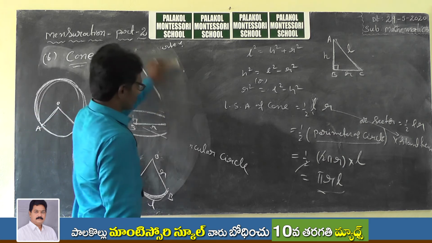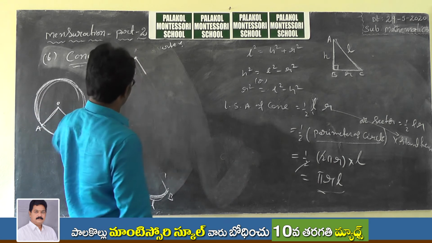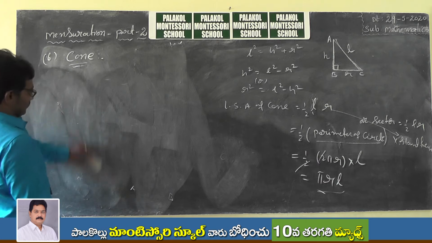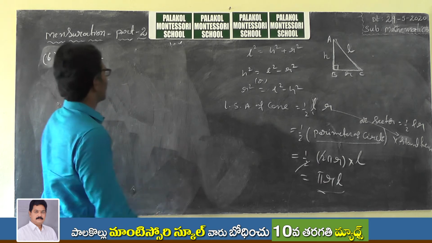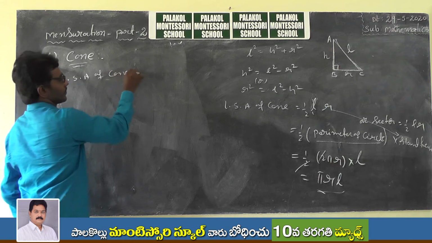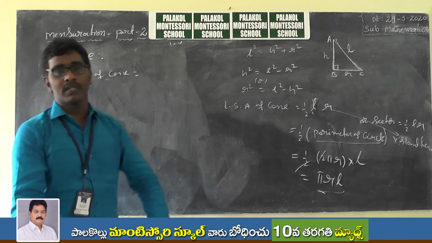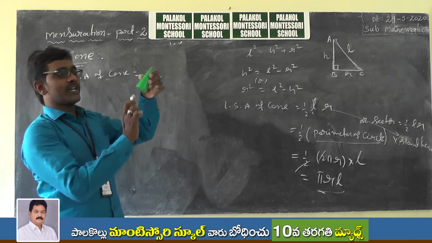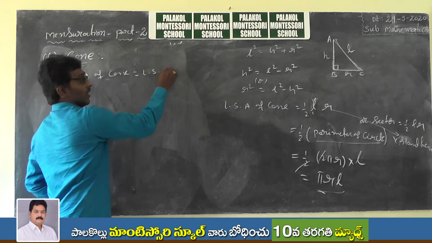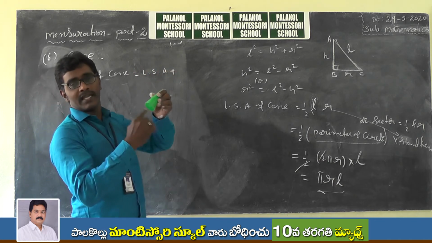Next one, total surface area of the cone. That means you take the lateral surface area plus the area of the base.